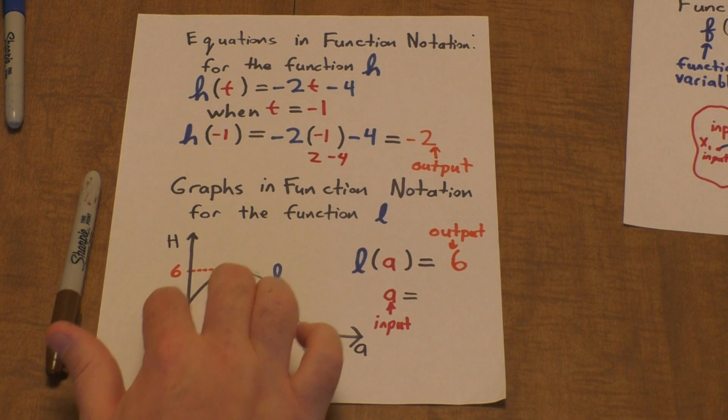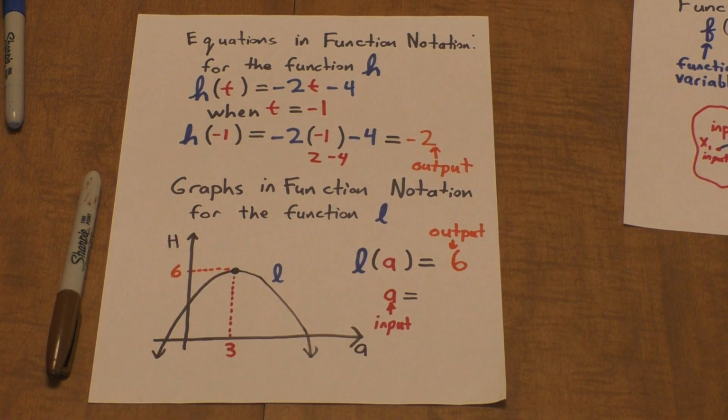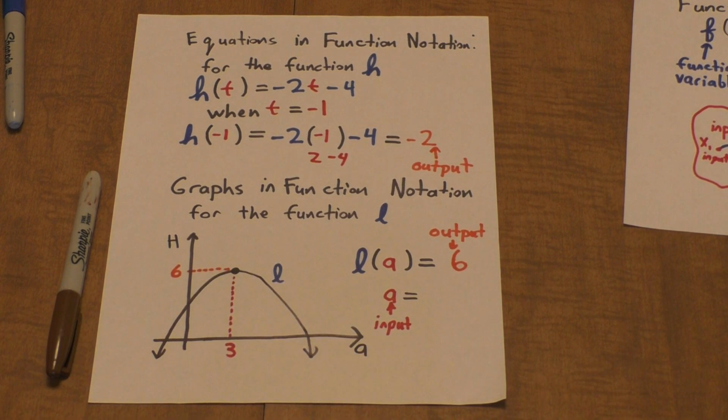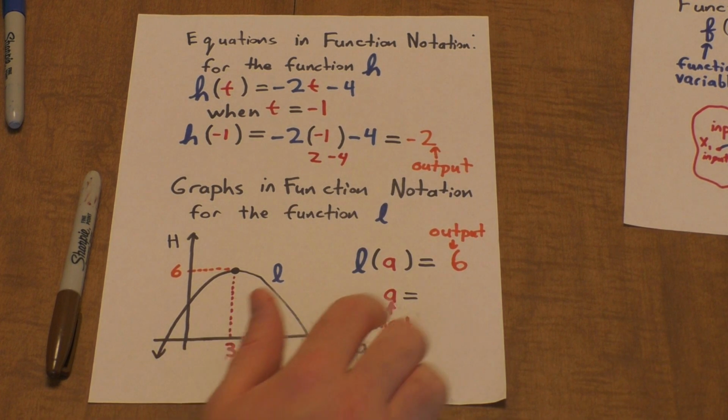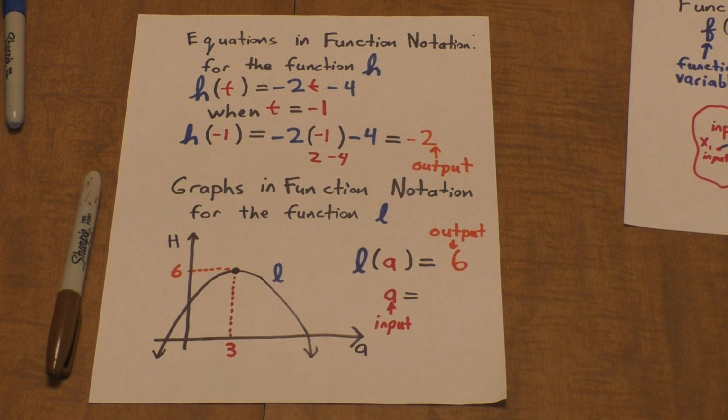So this curve right here, that's our function, that's L. That curve can tell us a lot of information about inputs and outputs, because this curve is just a collection of inputs and outputs for that function. So for the input A, the output is 6.